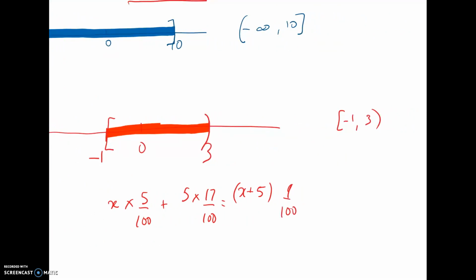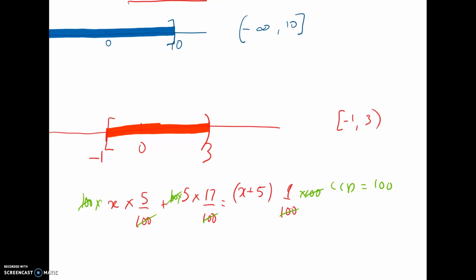You can see that my LCD is equal to 100. So if I multiply by 100 everywhere, basically I multiply both sides of my equation by the LCD, I'm able to get rid of the denominator.